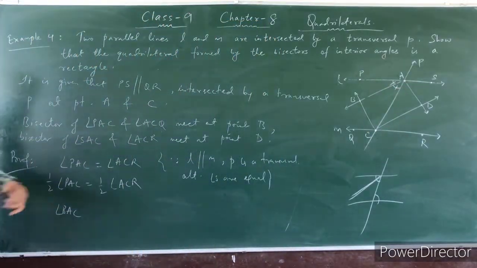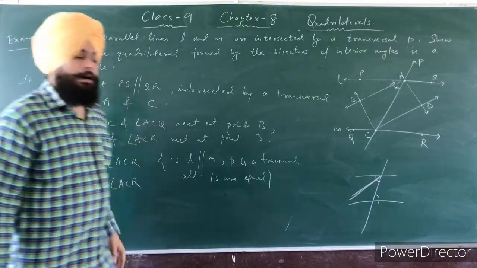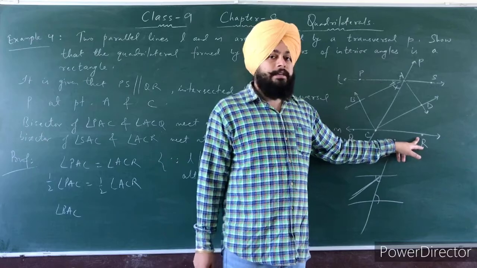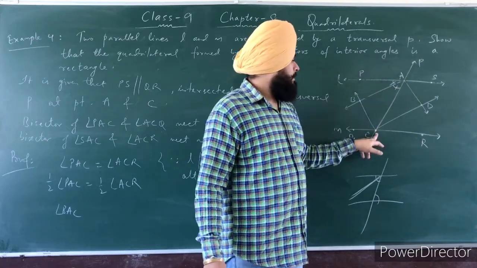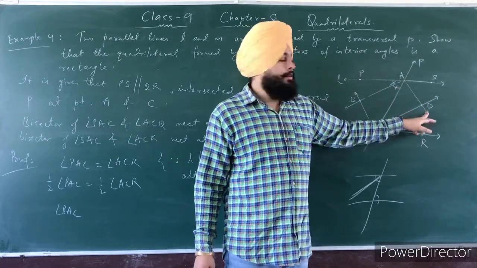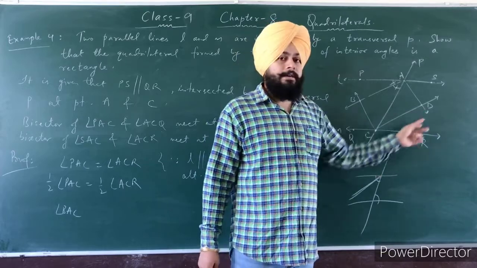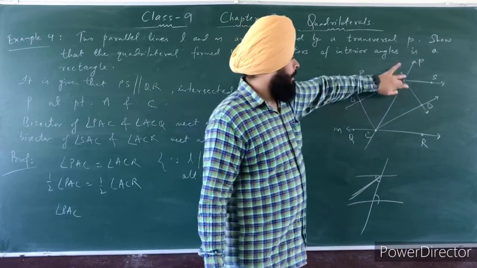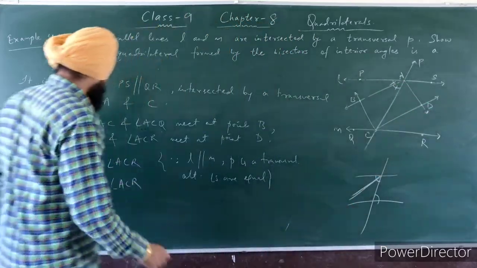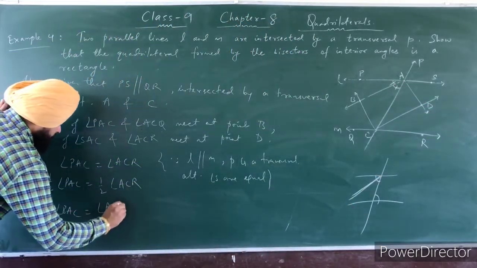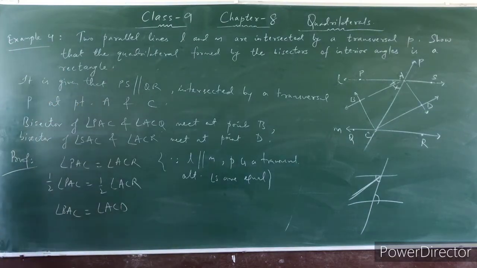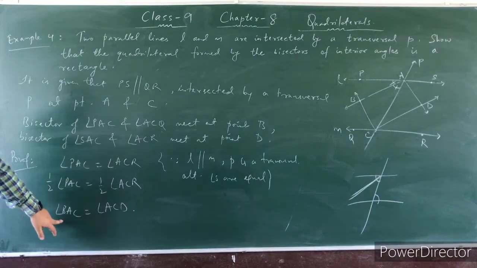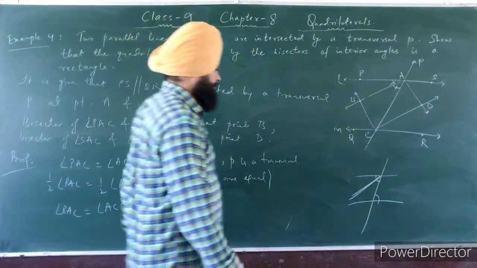Alright, and on the right hand side, angle ACR. So half of angle ACR is what? Angle ACD. Because if CD is a bisector, then angle ACD equals angle DCR. So we can take angle ACD. Alright friends. Now you can see here angle BAC equals angle ACD.